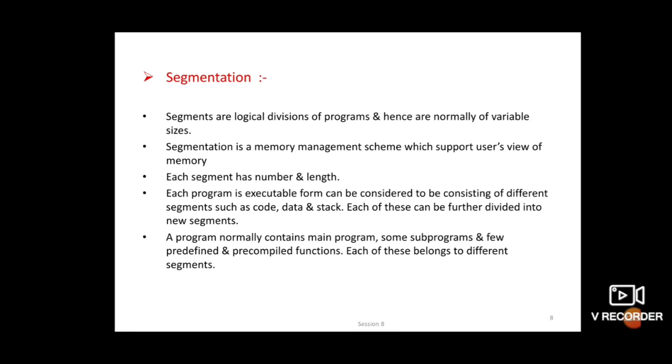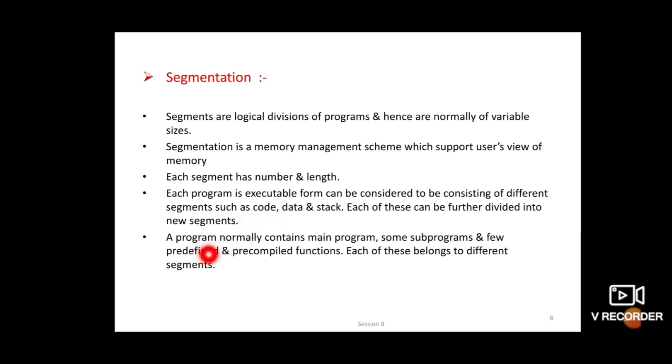If there is a new logical segment, it will be divided into a new segment. Suppose one more function is added to the program, then new segments are added for that new function.